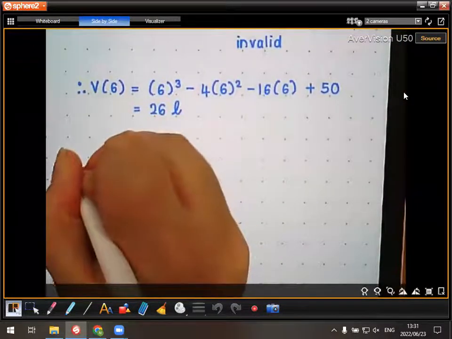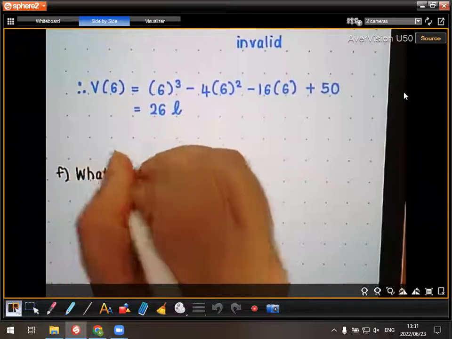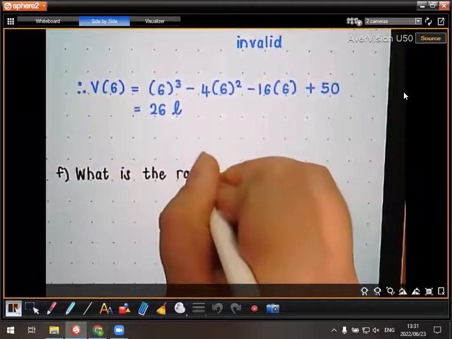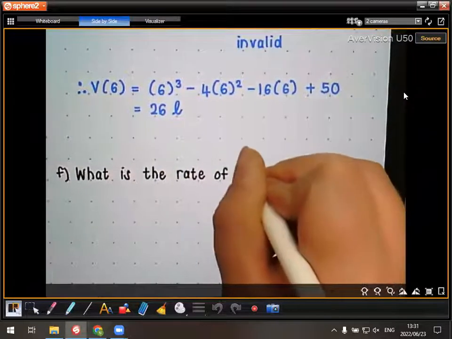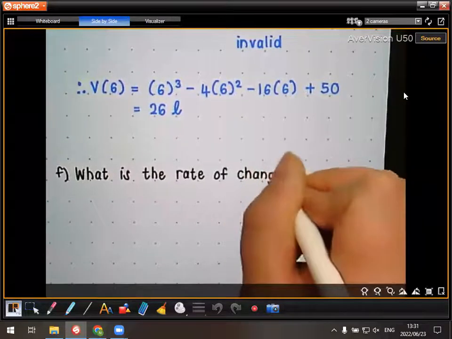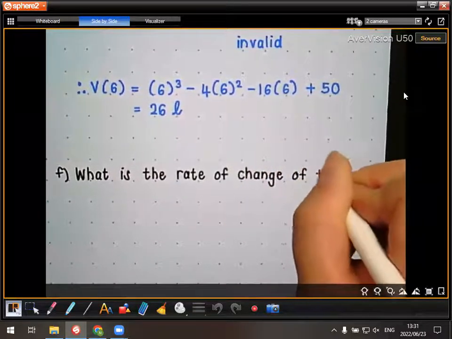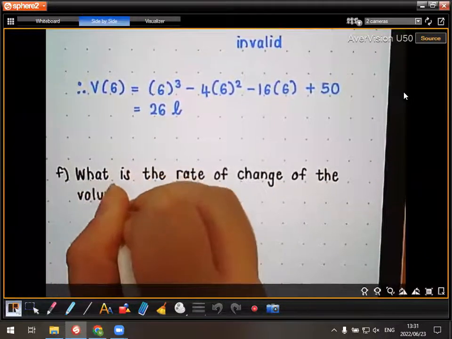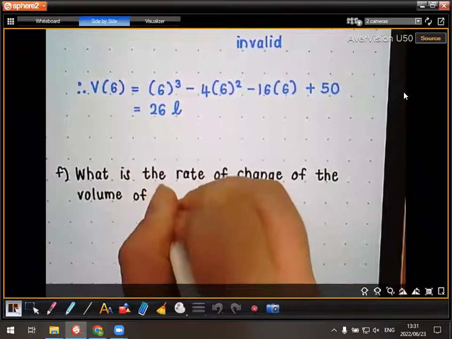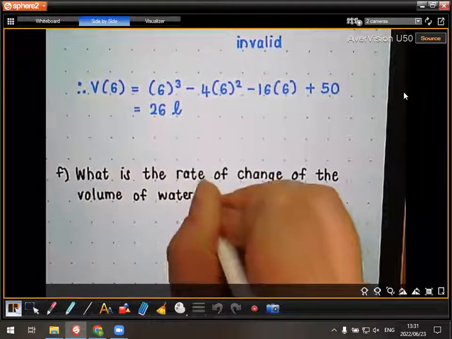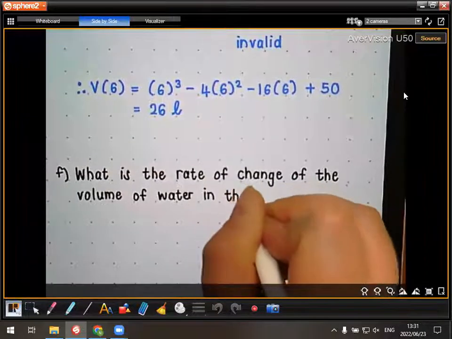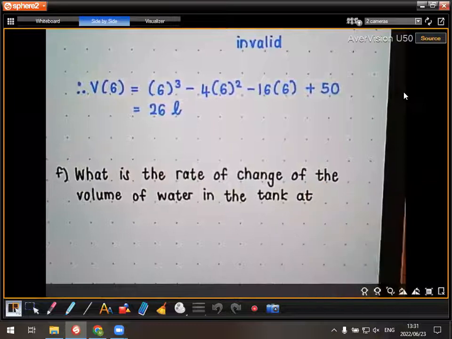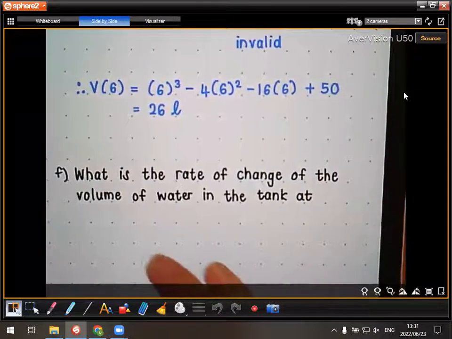What is the rate of change of the volume of water in the tank at just, which number have we used?